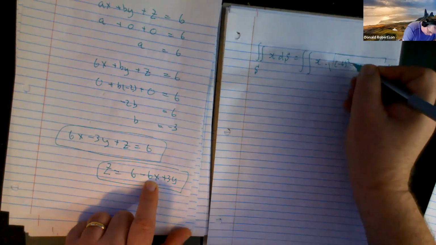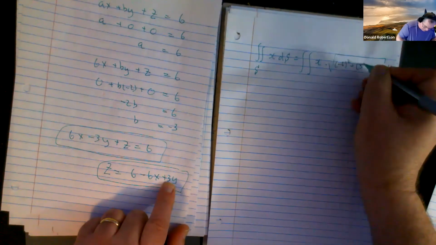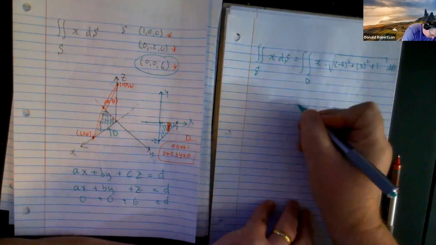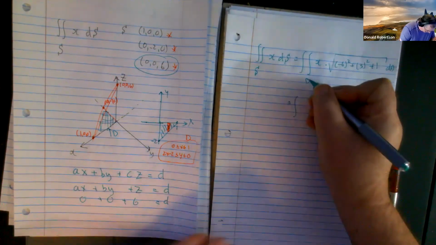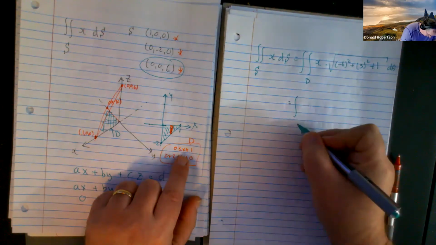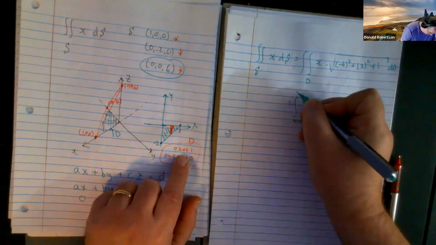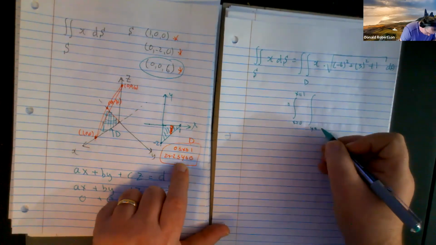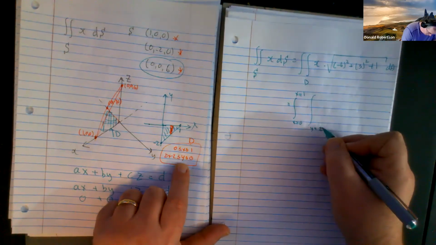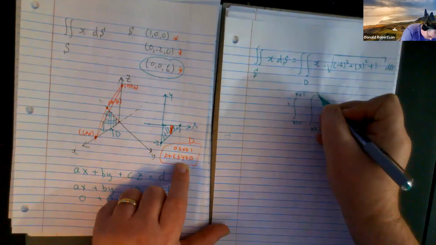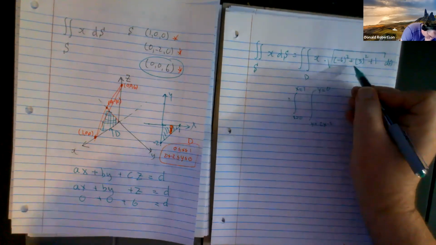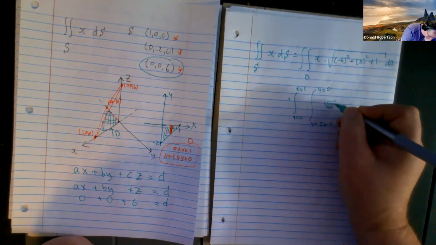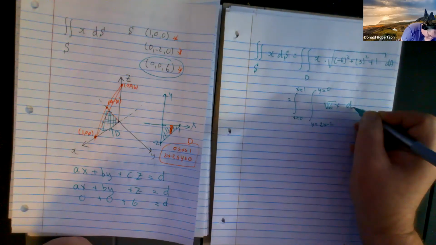With respect to y, you get 3 and you square it, plus 1. The region D is x equals 0 to x equals 1, y equals 2x take away 2 to y equals 0. 46. Okay, the square root of 46 x dy dx.